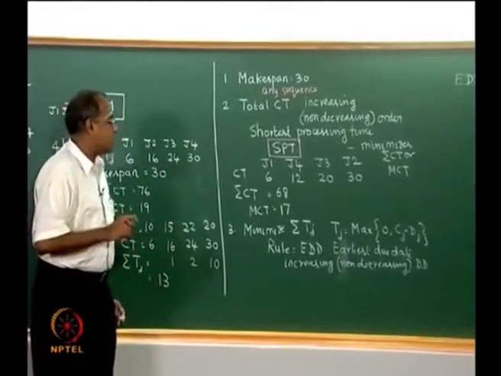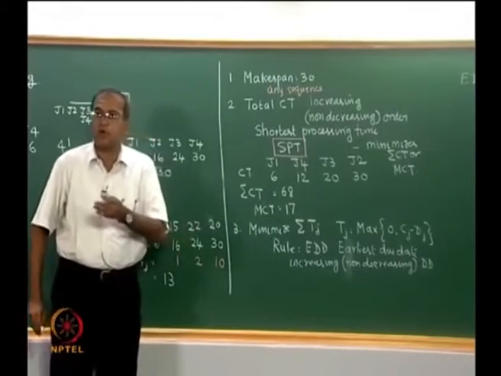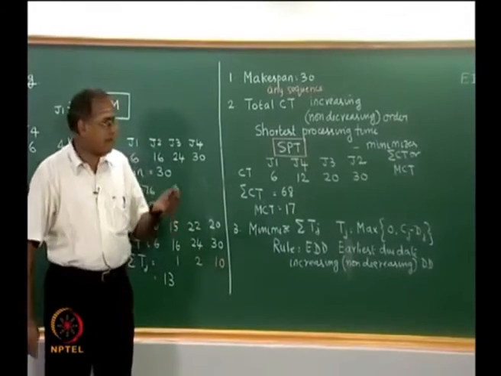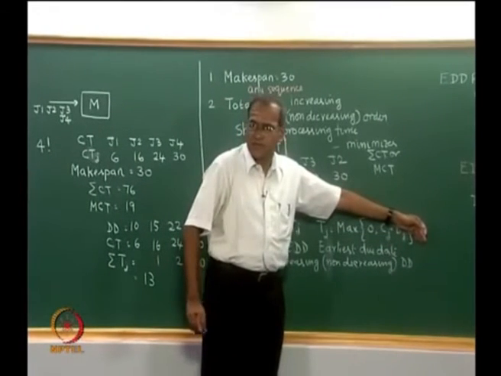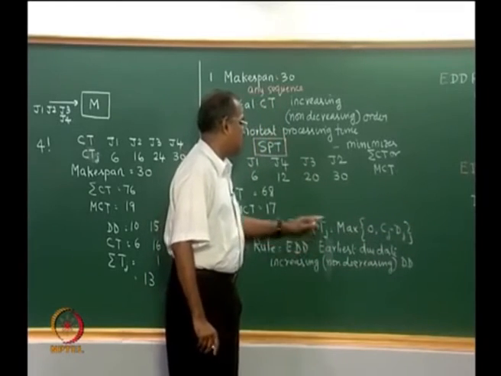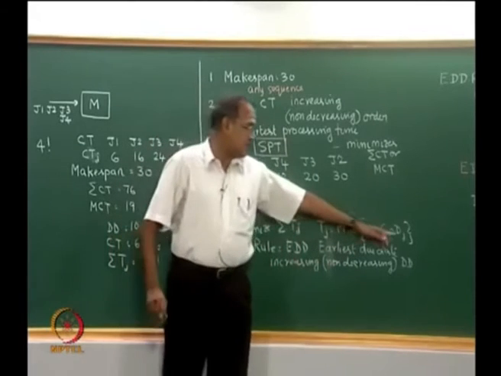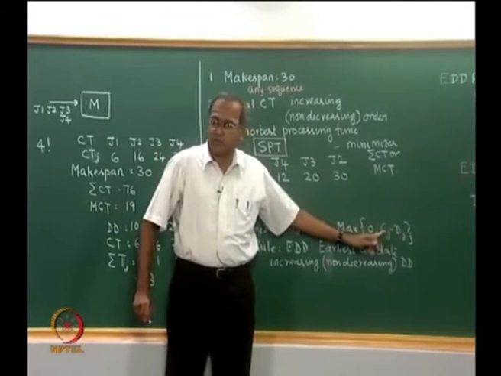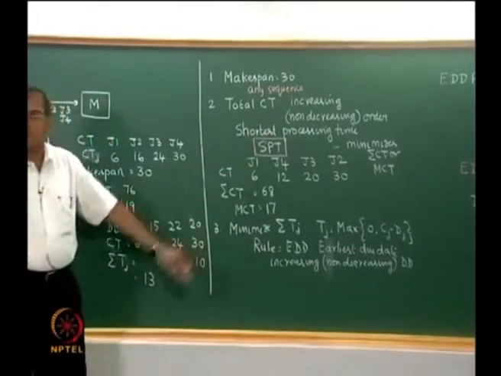For example, instead of minimizing total tardiness, if we try to minimize total lateness, where lateness is simply Lj equals Cj minus Dj, then we realize that Dj's are known, so it is enough to minimize sigma Cj, and we already know that SPT minimizes sigma Cj.